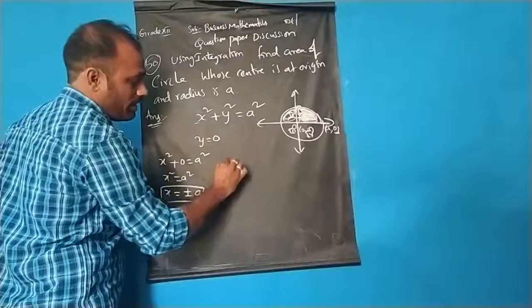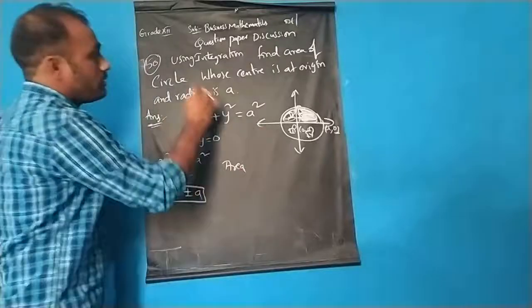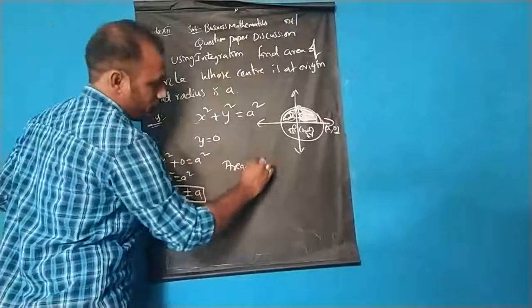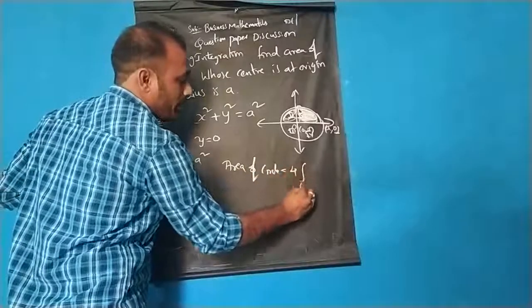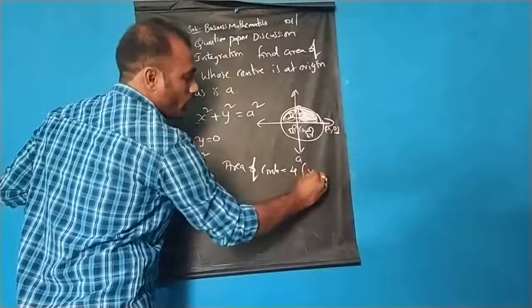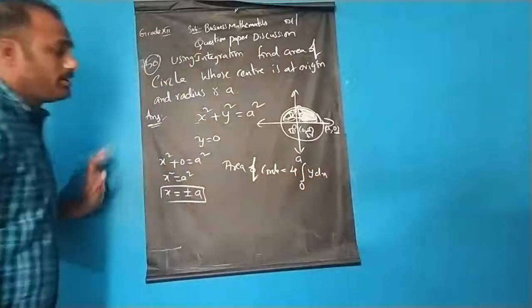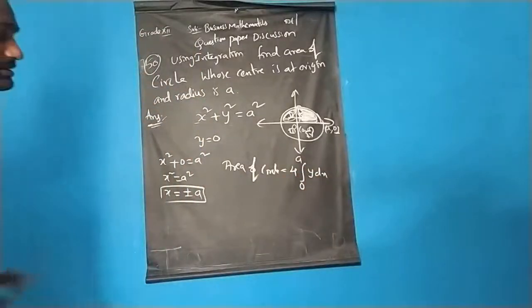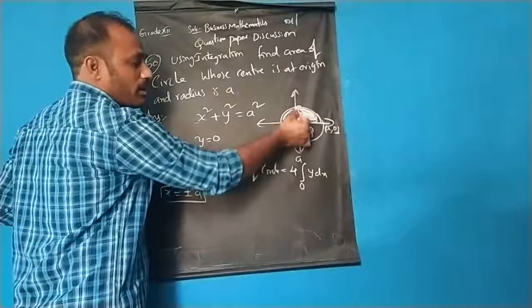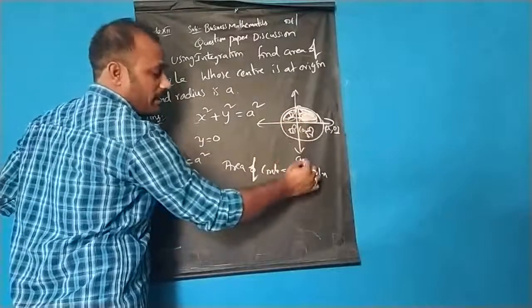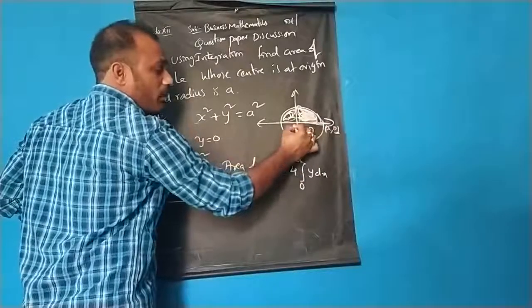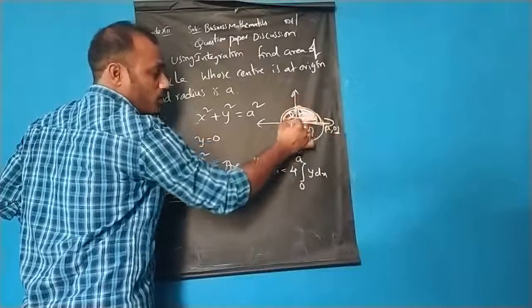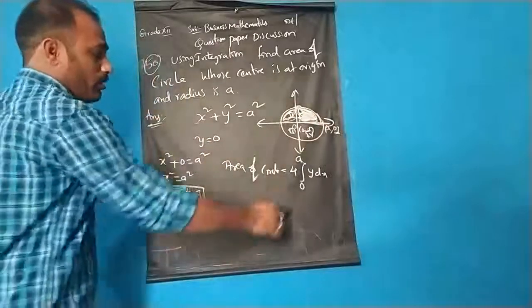To get the area of the shaded figure, the area of the circle is 4 into the integral from 0 to a of y dx. Why are we taking 4 here? Because we have 4 symmetrical parts. And why integral 0 to a? Because the region is bounded only from 0 to a, and y dx.